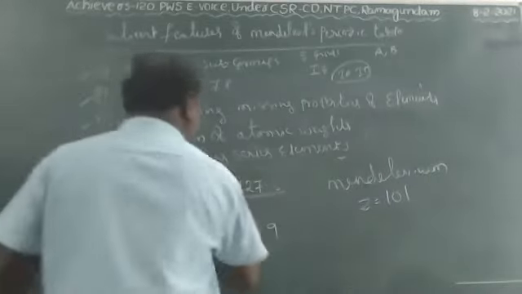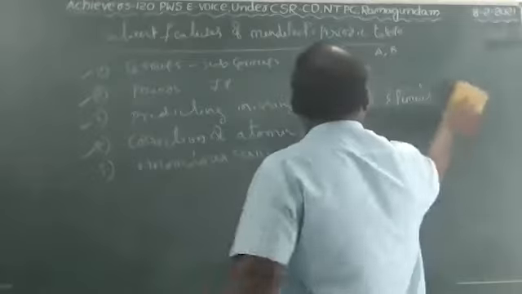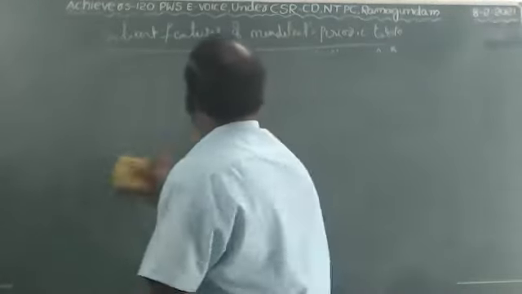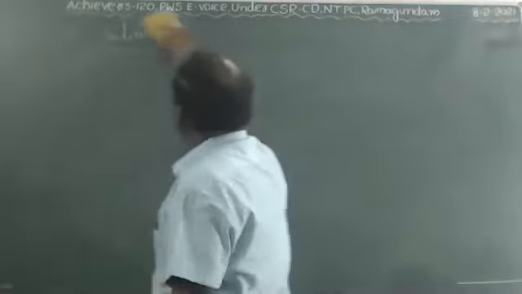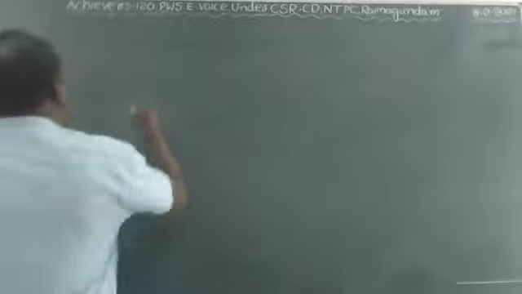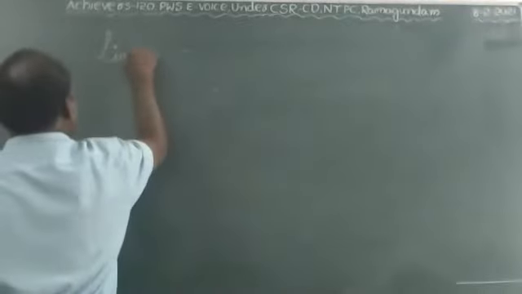And whatever it may be, it has some limitations also, children. Some demerits will be there. What are the limitations of Mendeleev's periodic table? Let us see now. It will come as a 2 marks question, children.